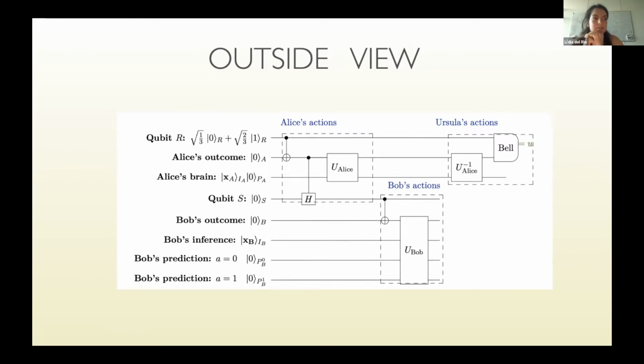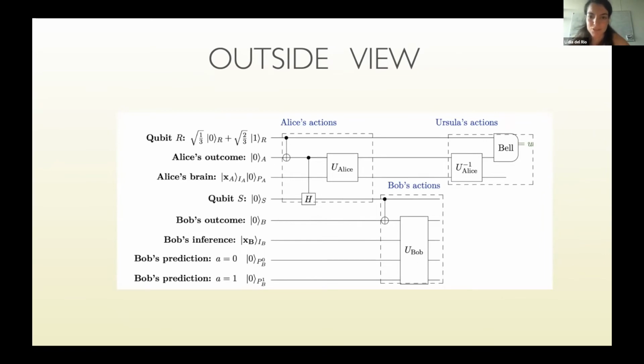Remember there, for Charlie to try to guess what's actually in Alice and Bob's minds, first he needs to put himself in Bob's position and think, well, I know that Bob thinks that Alice wants a beer, otherwise he would have said no. And I know also that Bob himself wants a beer, otherwise he would have said no. Charlie really needs to put himself in Bob's place and run the simulation as if he was Bob. So that's what Ursula will do.